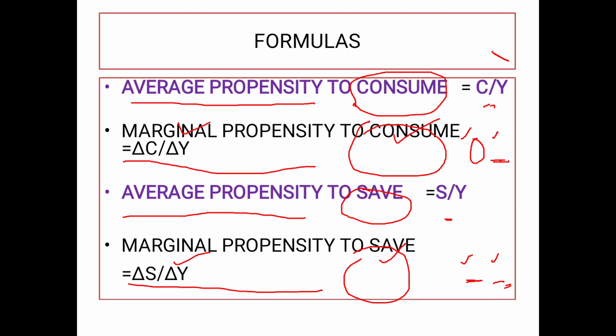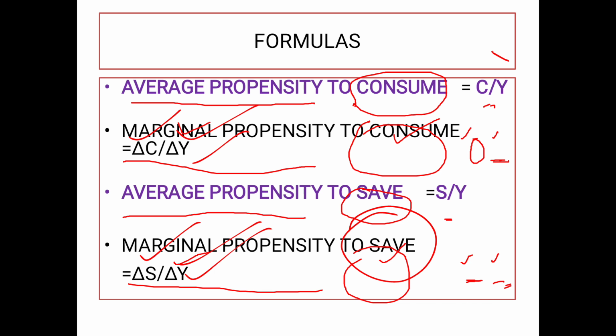Now we are going to see marginal propensity to consume and marginal propensity to save. Marginal propensity to consume is the change in consumption due to change in income. Marginal propensity to save says the change in saving because of the change in income.